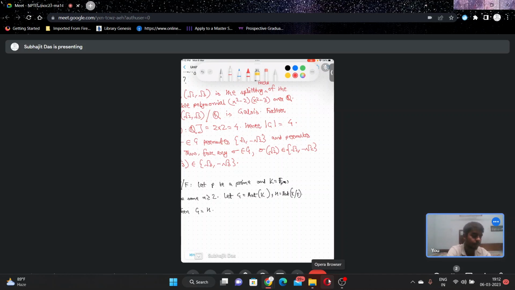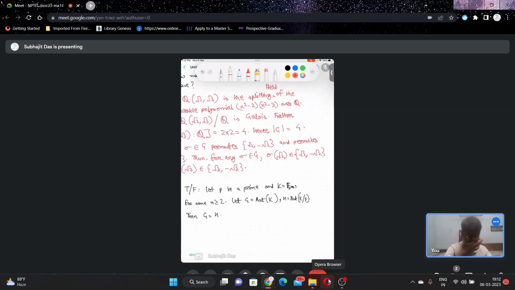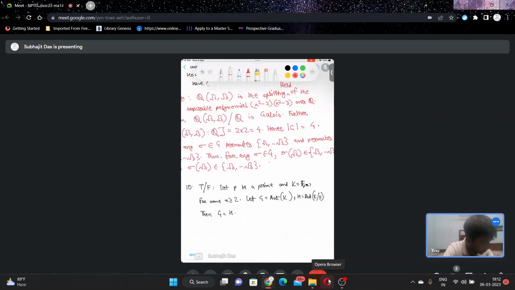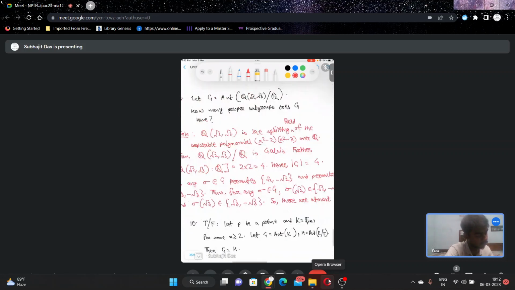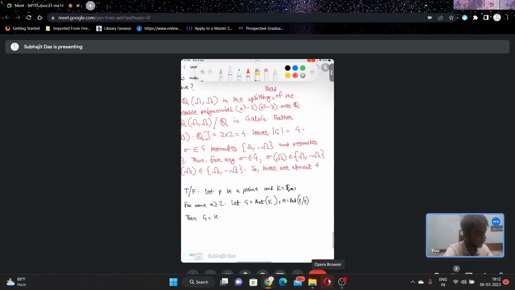So, cardinality of the Galois group: thus there are at most 4 possible elements.